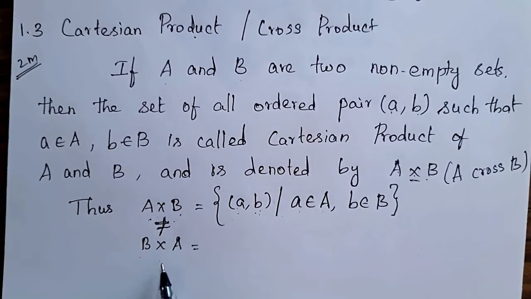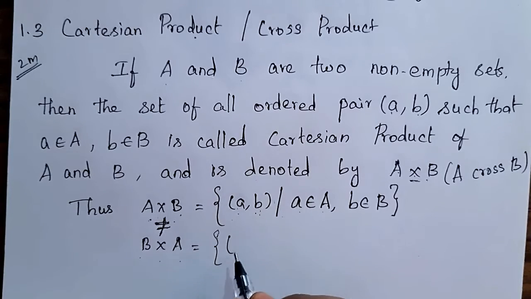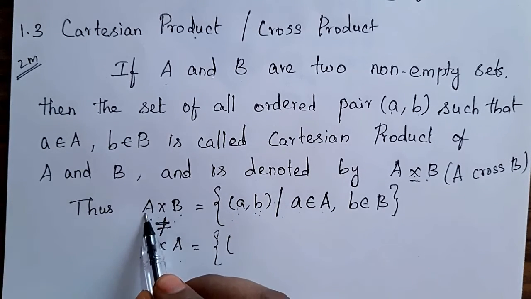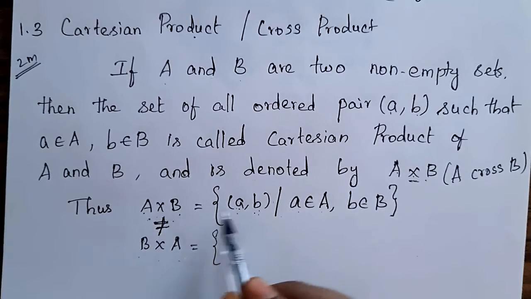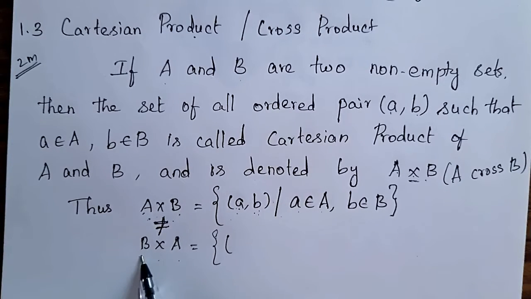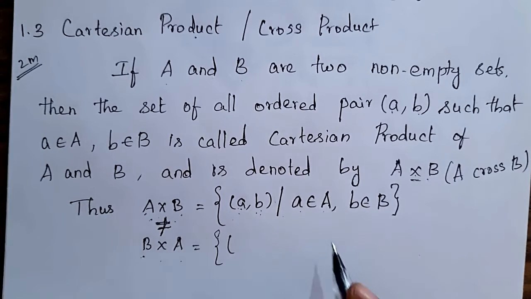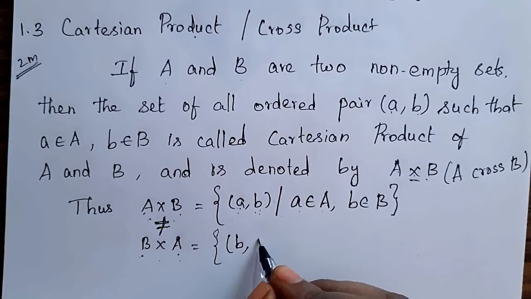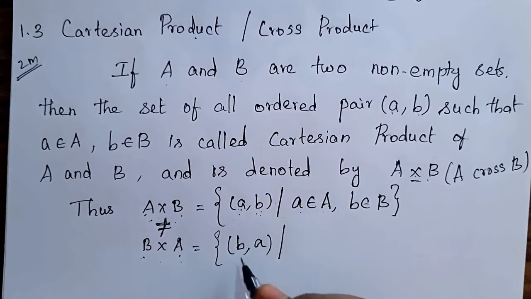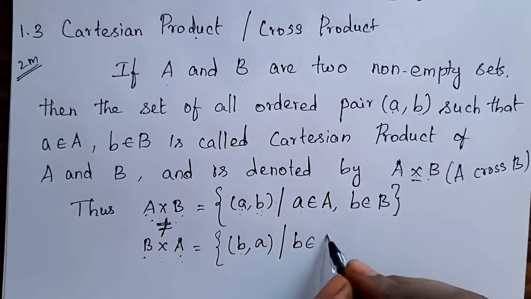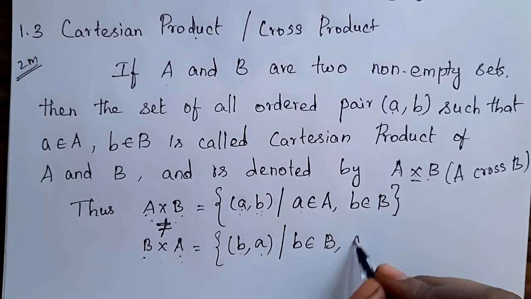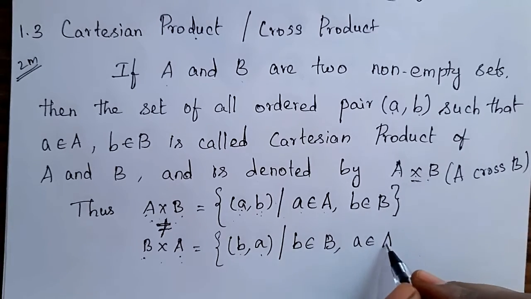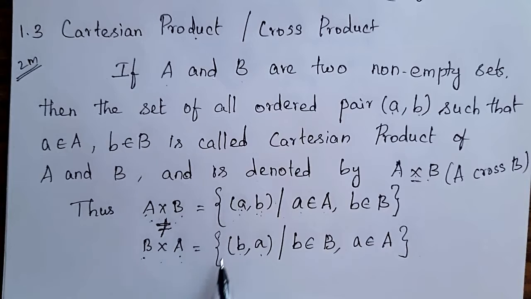This B cross A should be, here the first set is B, so the first element is from the set B. The second set is A, so the next element is from A, such that b belongs to capital B and small a belongs to capital A. So whenever you write this, both are not equal.